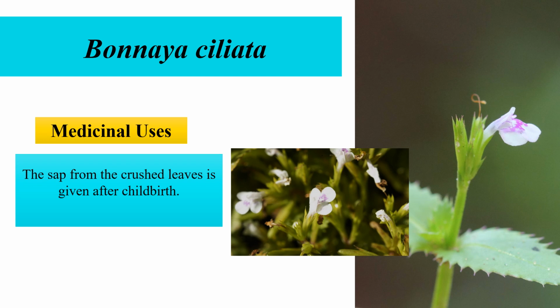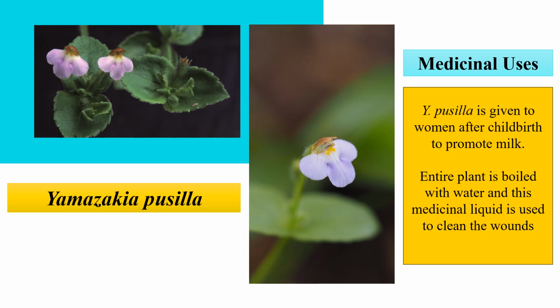The stem is much branched and you can see in the picture the flowers are white in color with a tinge of pink color near the throat. The leaves are ciliate, so the name is Bonaya ciliata, indicating the character of the leaf.